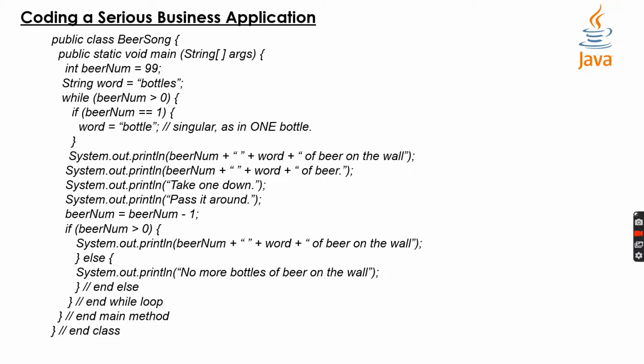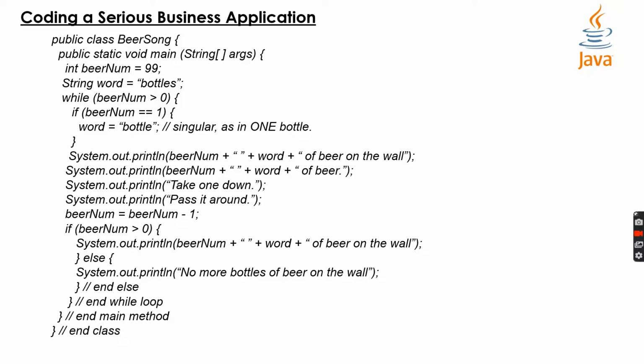So this is the code for the 99 bottles of beer song. Here we define the BeerSong as a class, public static void main String args, int beerNum equals 99, String word equals "bottles", while beerNum is greater than 0. So this is where the while loop is starting.